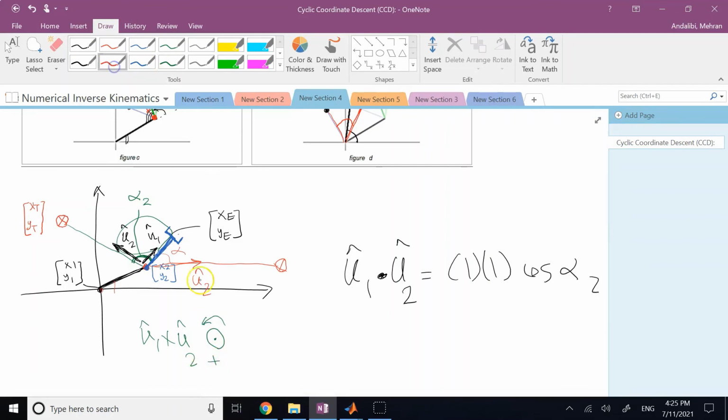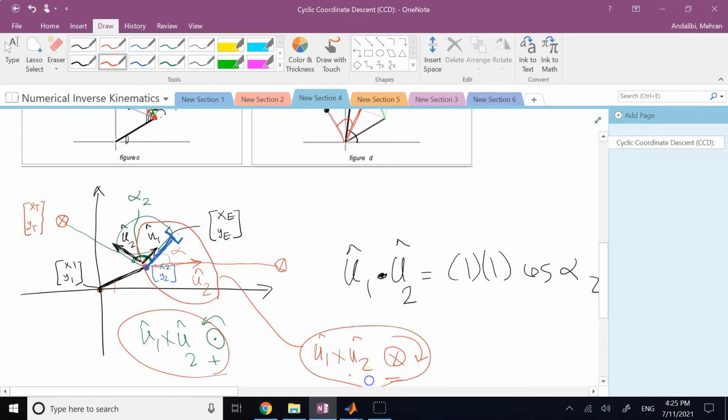Well, I calculated for this scenario, U1 cross U2 is going to be in the board or clockwise, which is negative. So I can say the sign that is positive alpha or negative alpha is going to be the sign of this guy here, U1 cross U2, okay?